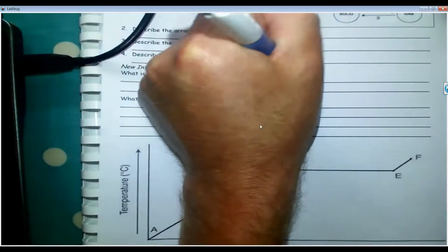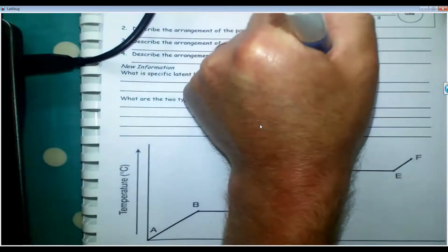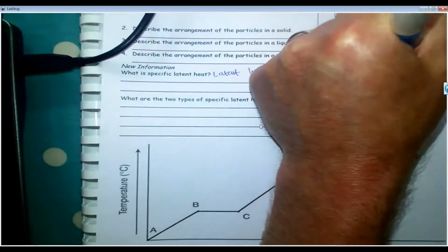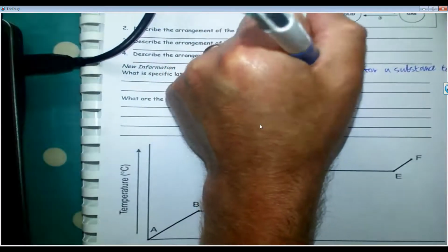So first of all, we've got our definition of latent heat. So what is latent heat? Latent heat is the energy needed for a substance to change state.